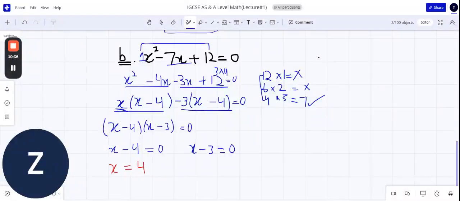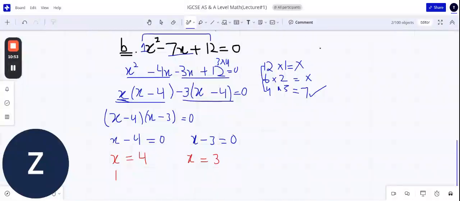We don't need to mention the positive sign. Then x equals 3, meaning positive 3. So our result is x equals 4 and 3.